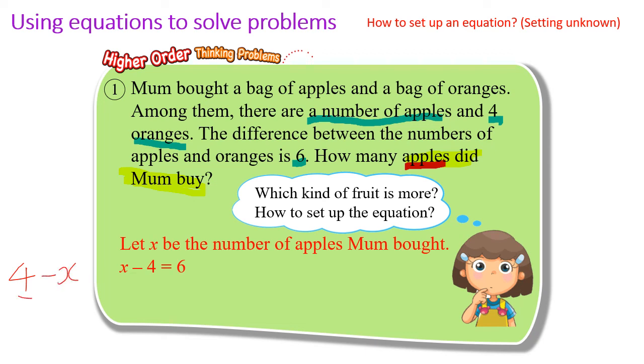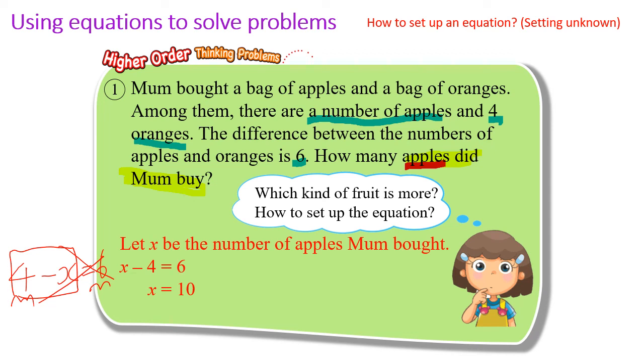If you write 4 minus x, it won't become 6, because 4 minus x should be smaller than 4, so it won't be x. You can't set the equation like this. You have to put the number of apples first, which is x minus 4 equals 6.